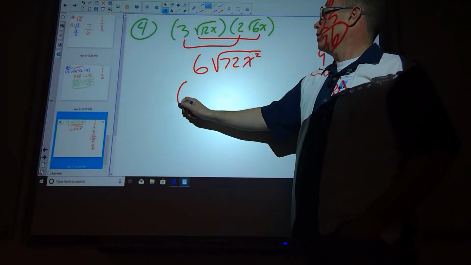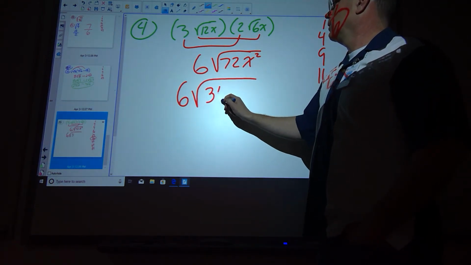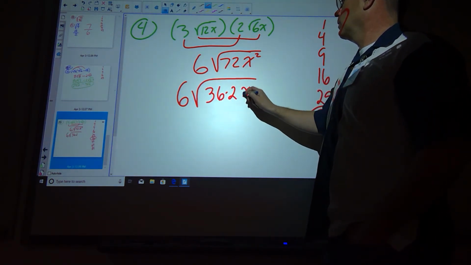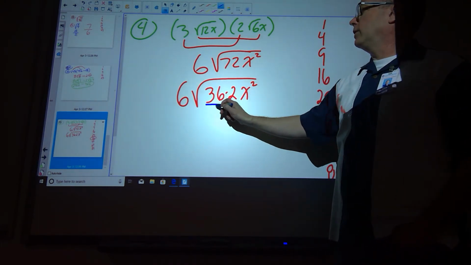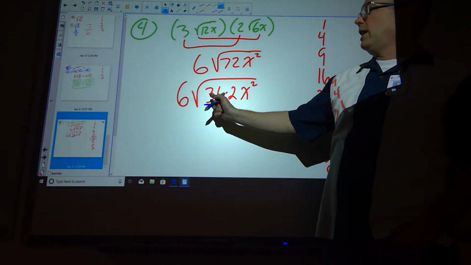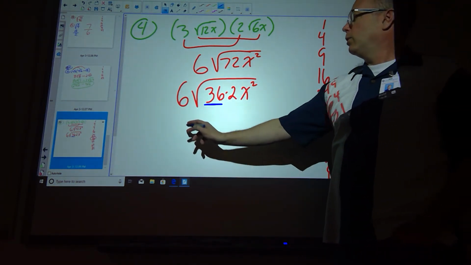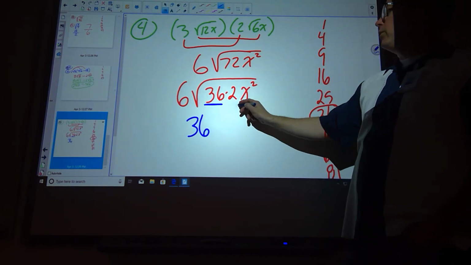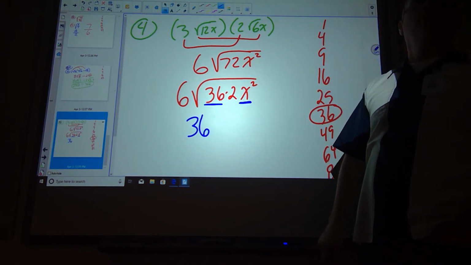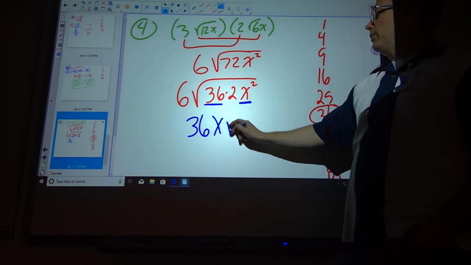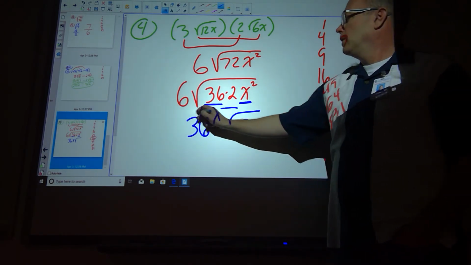So I get this. So what's the square root of 36? 6. What does that 6 do with the 6 outside? Multiply. Is this a perfect square as well? What's the square root of x squared? What do I have left behind? Done.